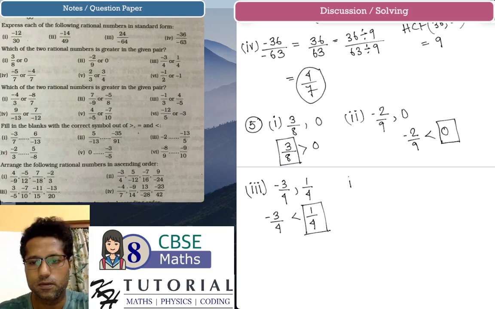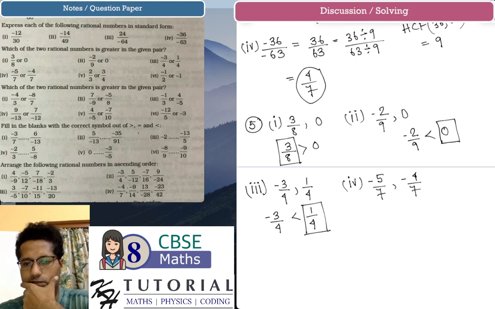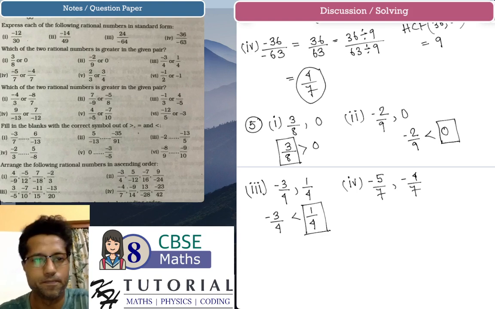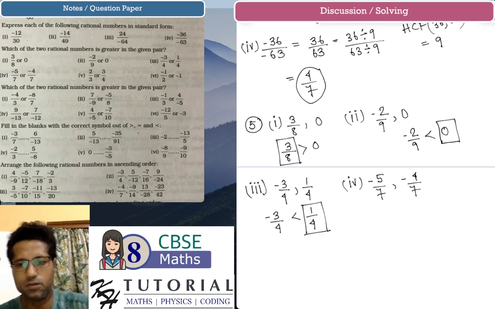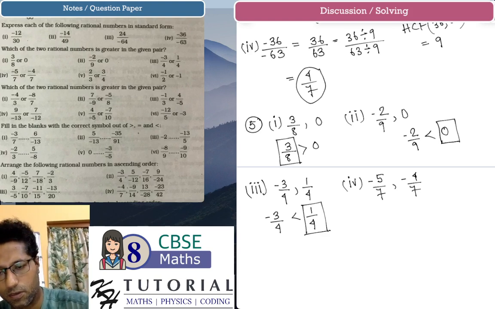Okay, let's see part 4. The pair of given rational numbers is minus 5 by 7 and minus 4 by 7. Now in this case both the rational numbers are negative, and we also see that the denominators are the same. The denominator of both rational numbers is 7. So in that case we will only compare the numerators.